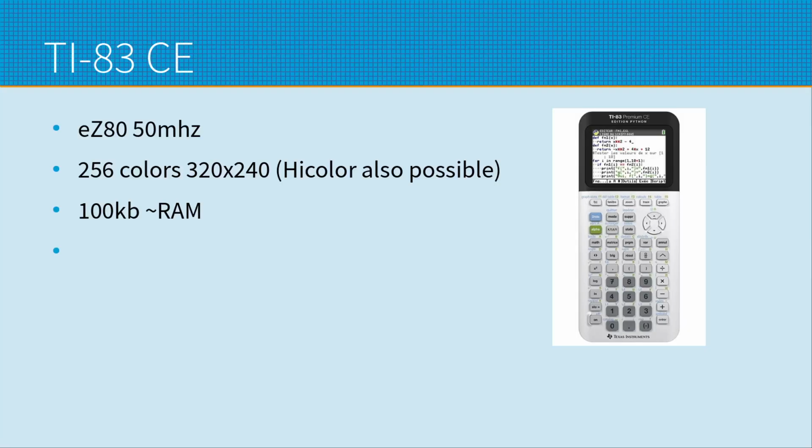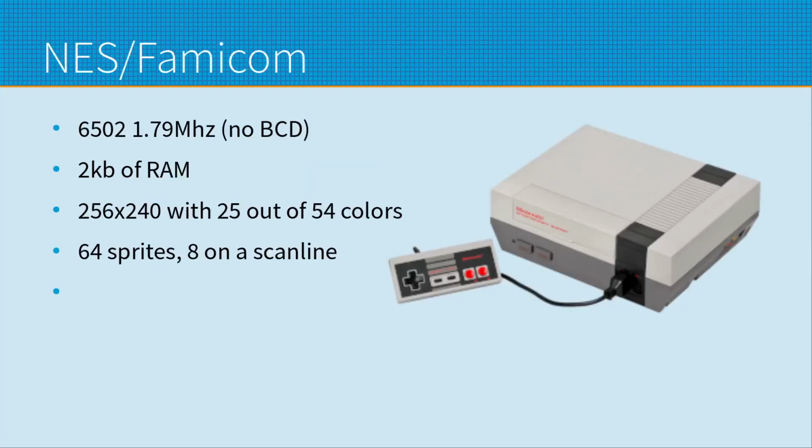So let me move on to the next machine. So yes, I did make an NES version of the stupid game that I mentioned earlier. So again, 6502. This time it is clocked higher, which is good to see, even though it did not need it in particular. 2 kilobytes of RAM.